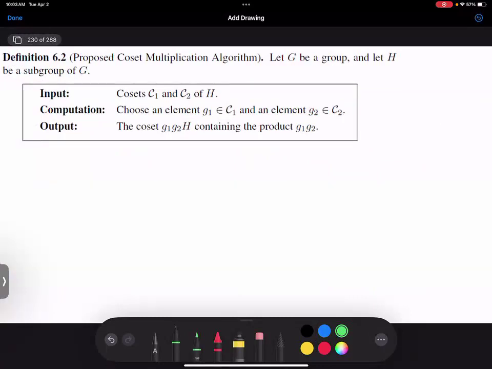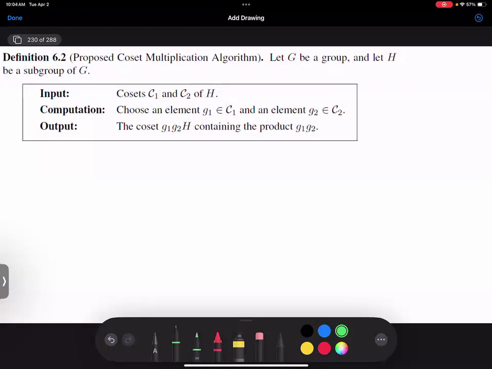And then we'll define the coset to be G1 times G2 times H. Now, when we looked at cosets for the clock group, this was perfectly fine. If I chose 5 or 17, it wouldn't matter, because when I did my coset arithmetic, 5 and 17 acted the same. It would be wonderful if that was always the case.